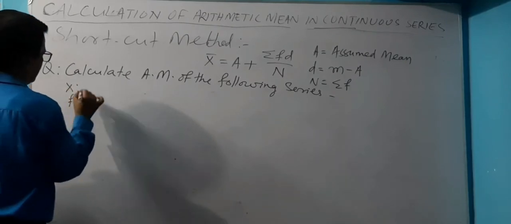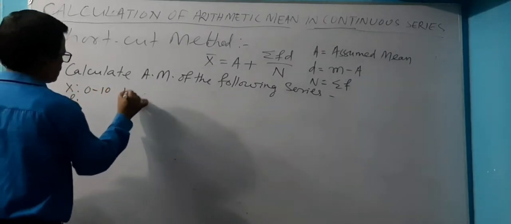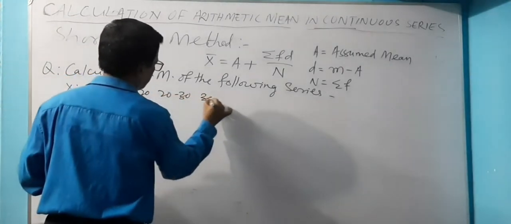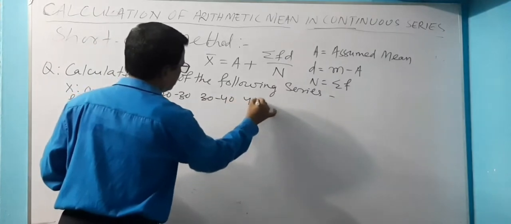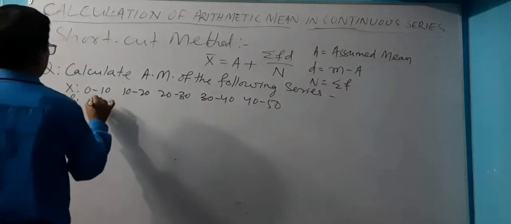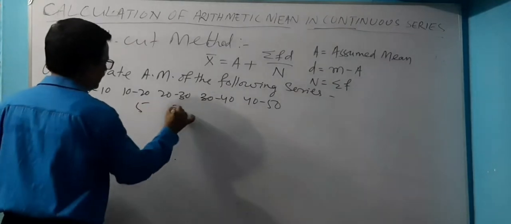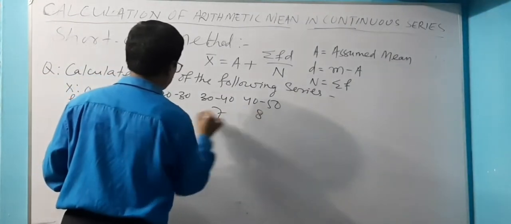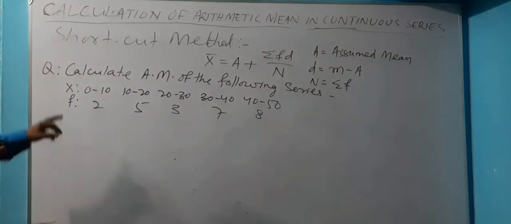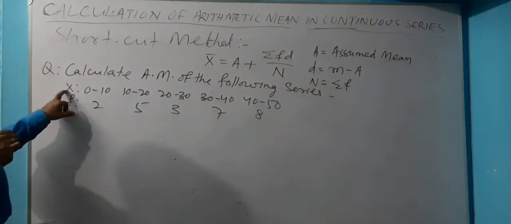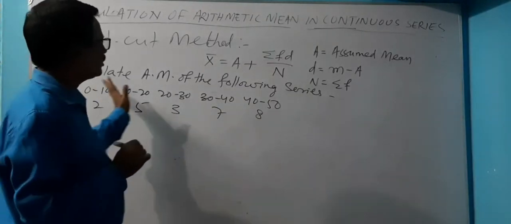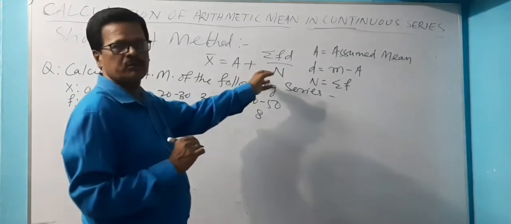X: 0 to 10, write down the question, 10 to 20, 20 to 30, 30 to 40 and 40 to 50. Same question, repeat the same question. F: 2, 5, 3, 7, 4. Note the question first. Then we have to take X in the first column, F in the second column, then the other columns we have to find out as per our formula.